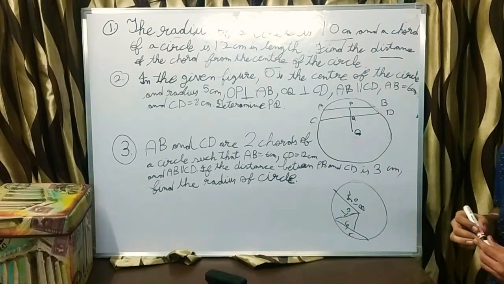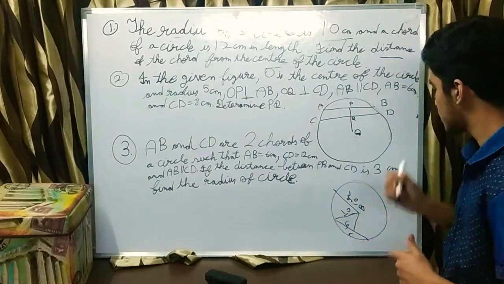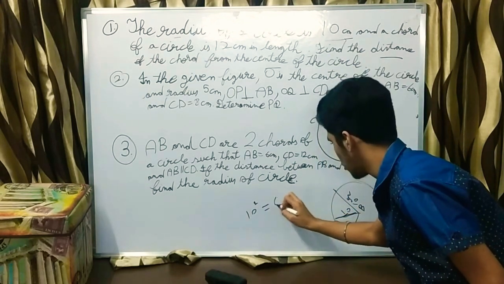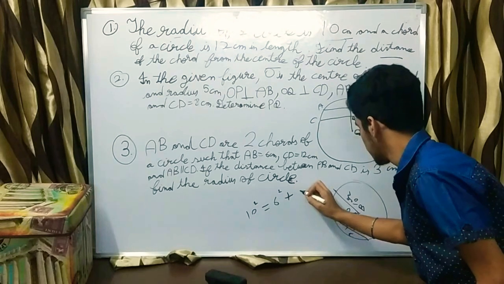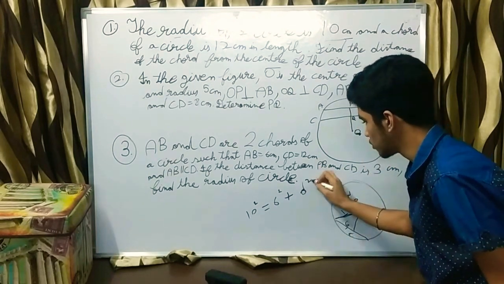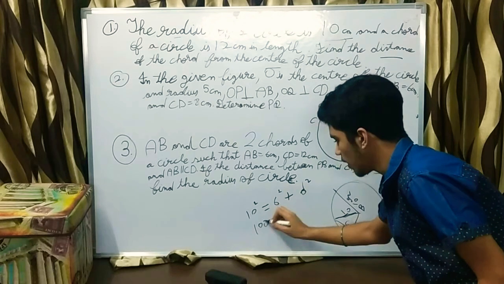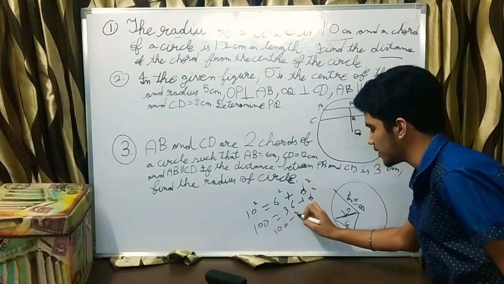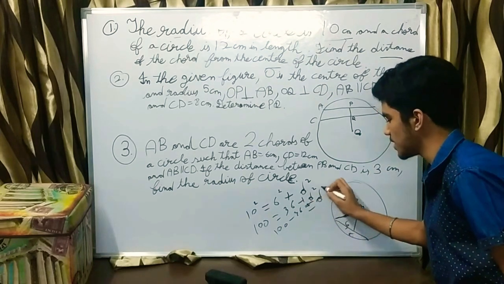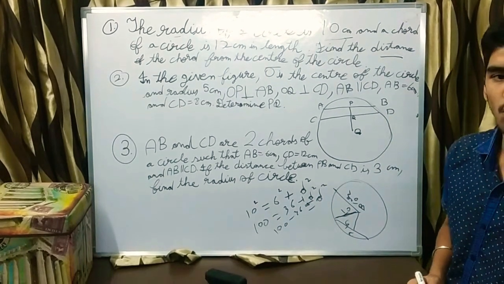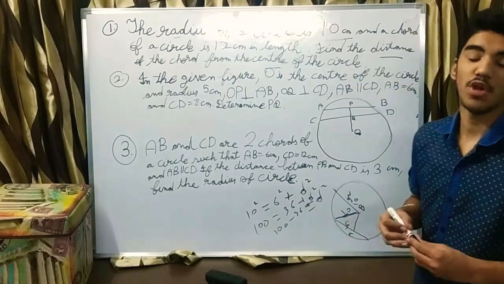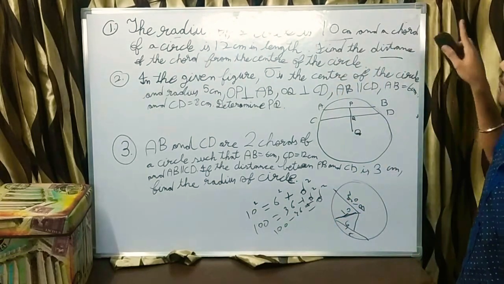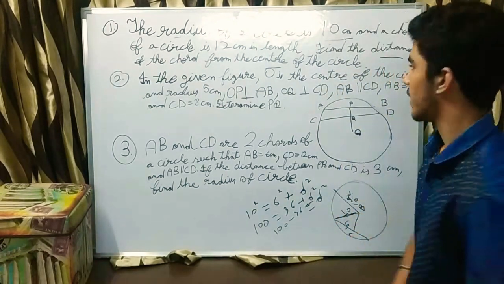Now by Pythagoras theorem, 10 square is equal to 6 square plus the distance square, so 100 is equal to 36 plus distance square. 100 minus 36 is equal to distance square, which would be 64, so the distance will be equal to 8 centimeter. So the answer for the first question is 8 centimeter.